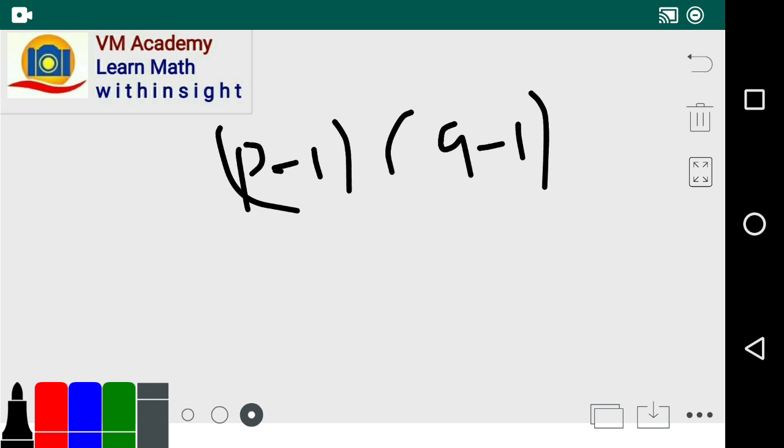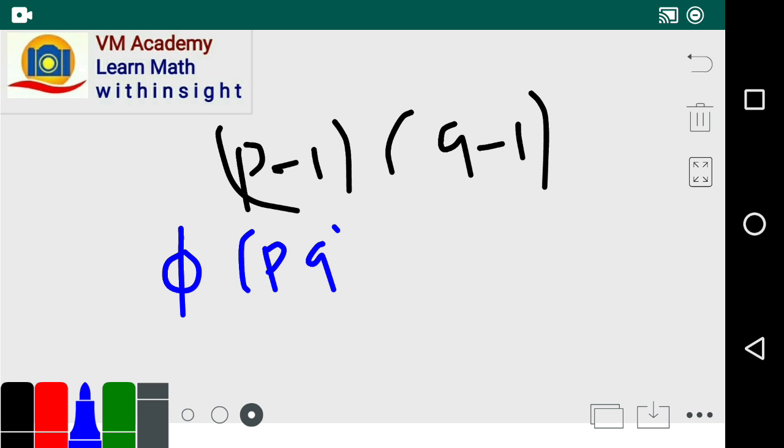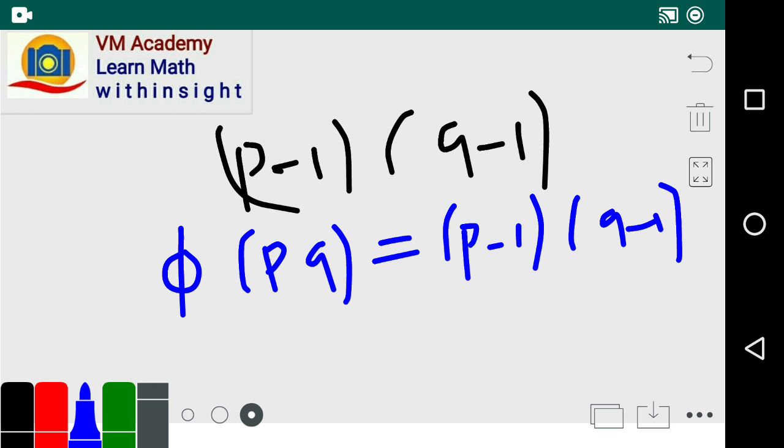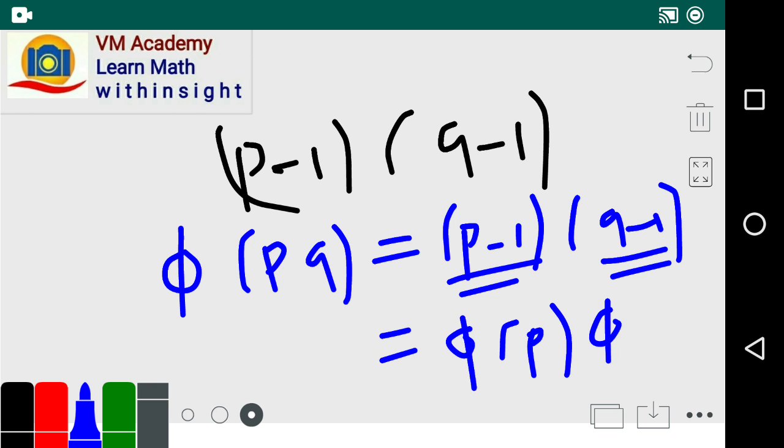Thus, friends, if P and Q are relatively prime to each other, then phi of PQ is nothing but P minus 1 into Q minus 1, and P minus 1 is nothing but phi of P, friends, and Q minus 1 is nothing but phi of Q.